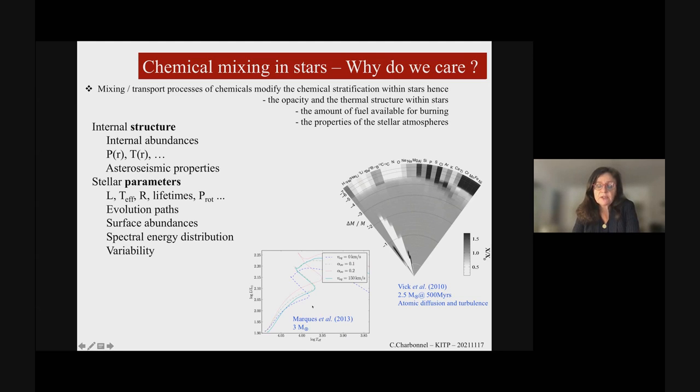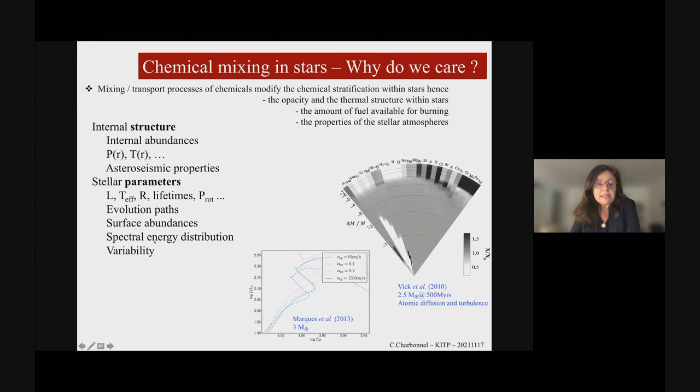You can see here, for example, the variations of the paths in the HR diagram of a 3 solar mass star when you include the rotation or overshooting. I will come back to these differences in a moment. And you see that due to these transport processes, the luminosity, the effective temperature, and the radius of the star change.